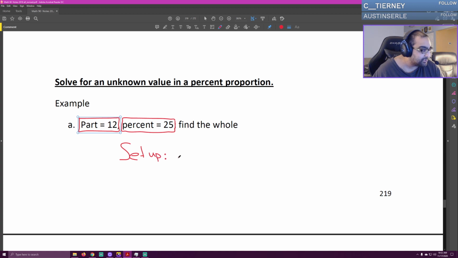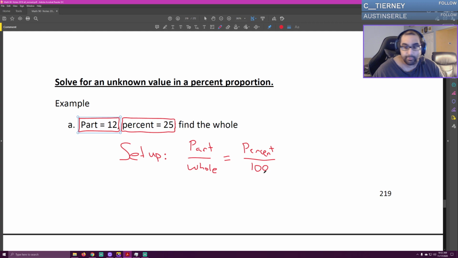The setup is going to look like this. We're going to have the part on top, whatever number that is, the part goes on top, the whole goes on the bottom, equals the percent over 100.